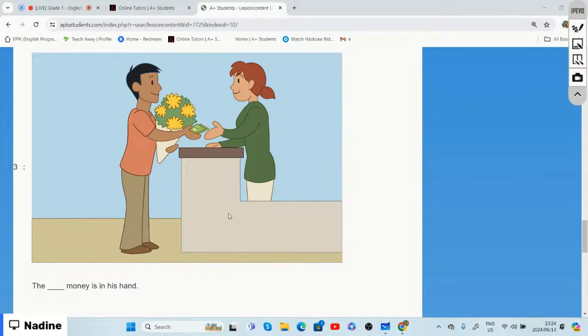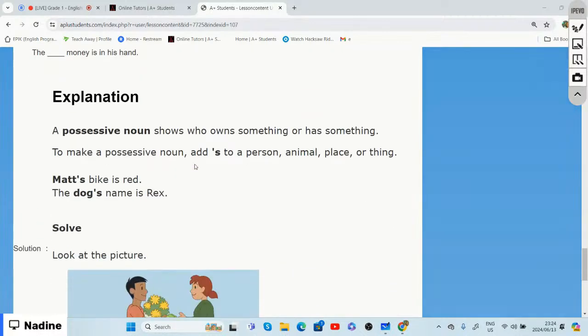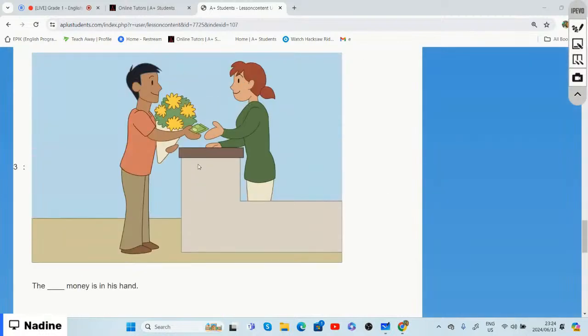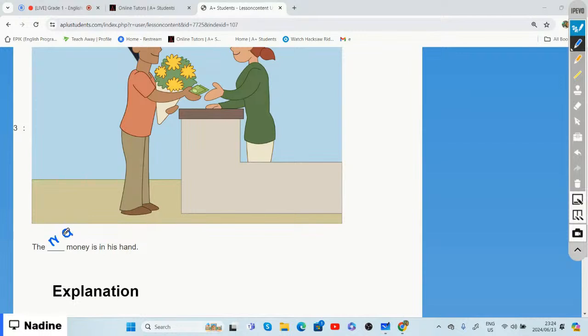Unless we can maybe say the woman's money is in his hand. Or should we say the man's money? Oh, it is actually correct. So it is actually correct when you say the man's money is in his hand. So well done. It is actually correct. Sorry. So the man's money, right? Meaning that his money is in his hand. So well done.